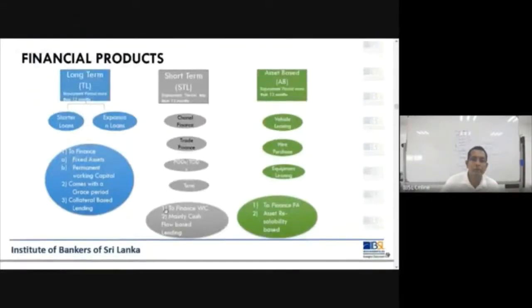Then we will go to the short-term financing part. Mainly short-term financing is to finance working capital. Short-term funds are used to finance the current assets.